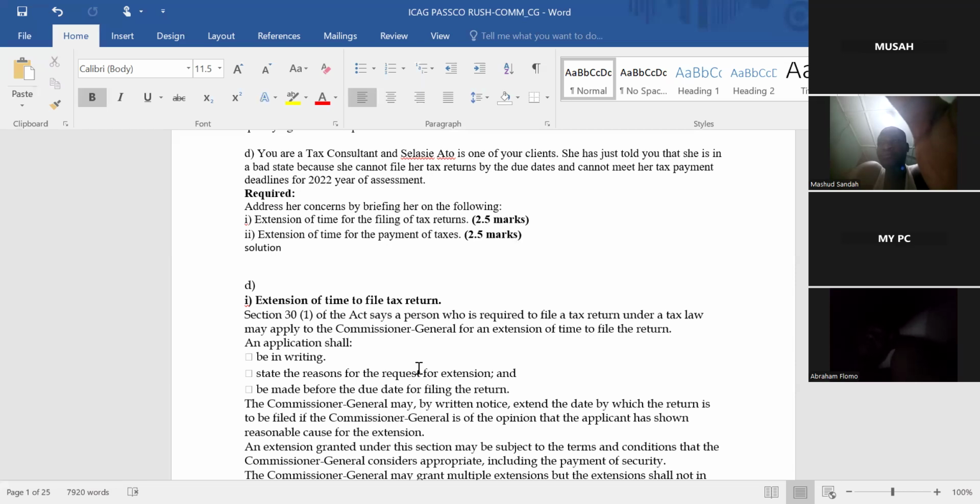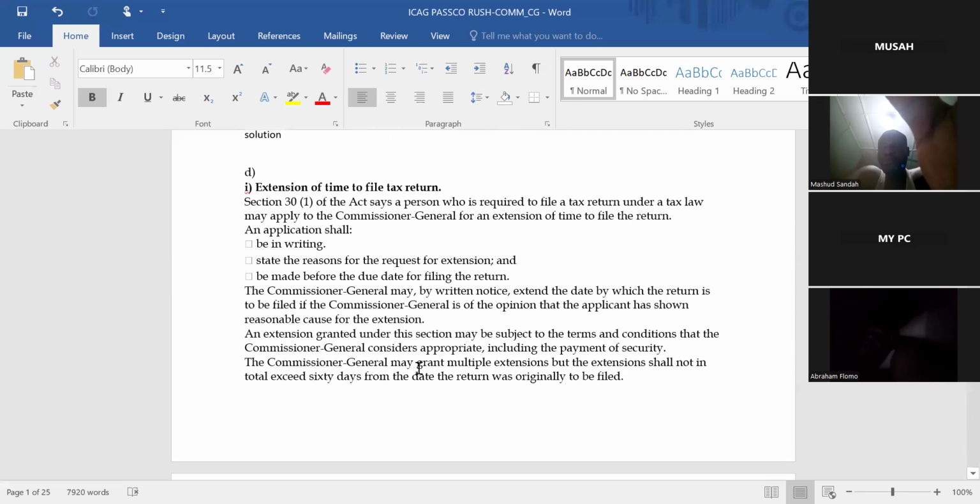If your application is reasonable, then the Commissioner General will grant you that extension. The extension under the law must be subject to terms and conditions that the Commissioner General considers appropriate, including payment of a security.